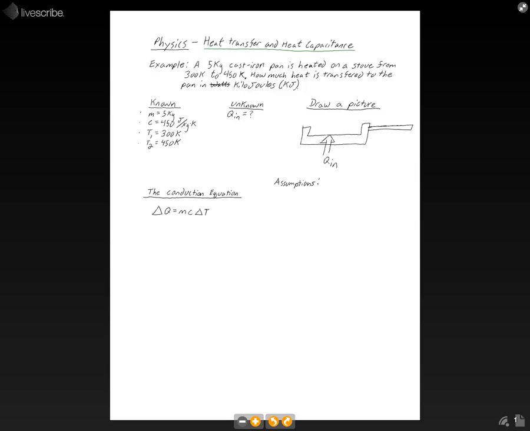So, first thing with physics problems is drawing yourself a picture of what we have. So here we have a pan, and then we have heat being conducted in.